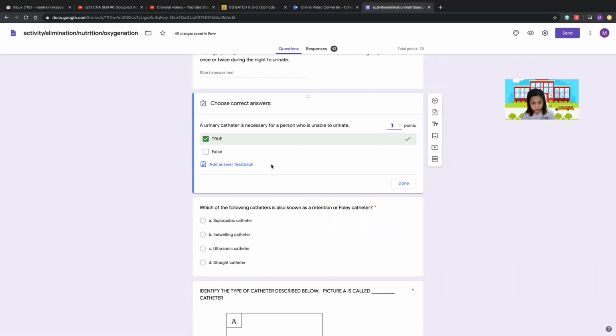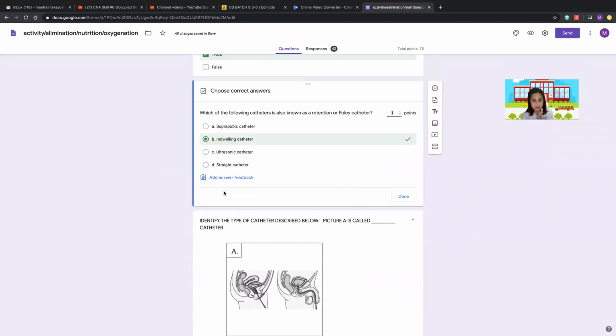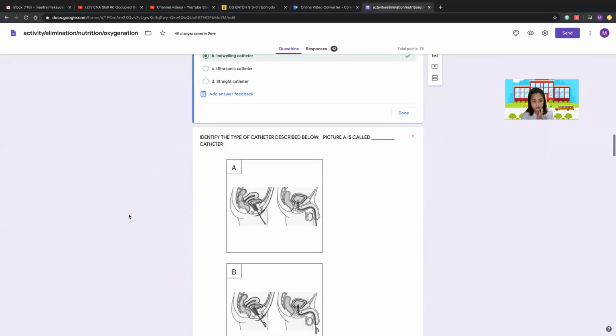So they need a urinary catheter, otherwise they will have a problem with bladder distension. Which of the following catheters is also known as retention or Foley catheter? The answer is indwelling catheter.